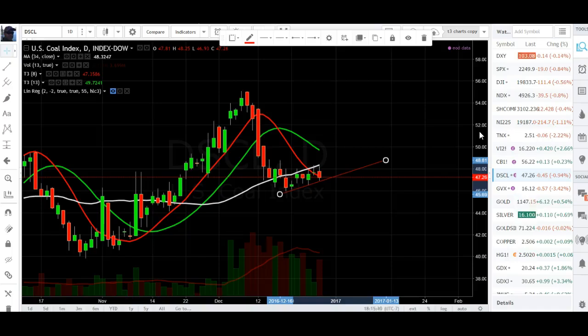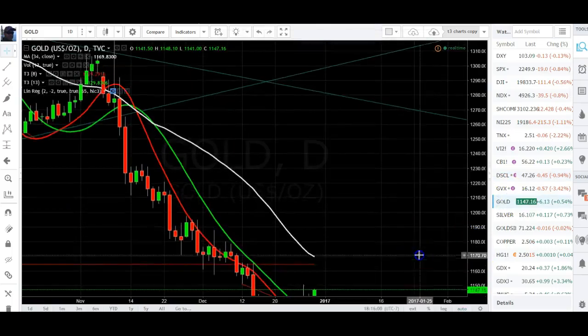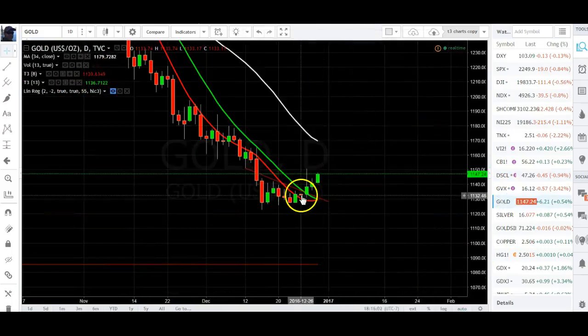It looks like another leg down is coming on coal. But you never know. Little consolidation up in here. Taking out that double top here. Gold. Oh, gold. Did a lot better than I thought.